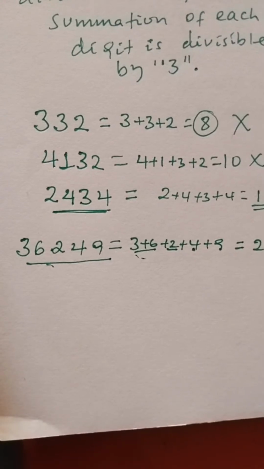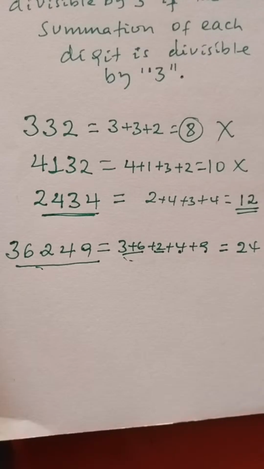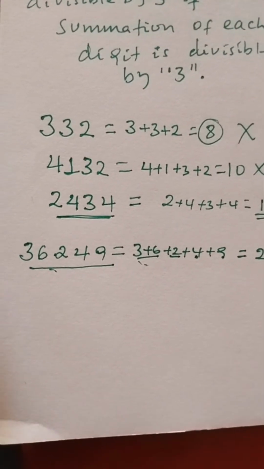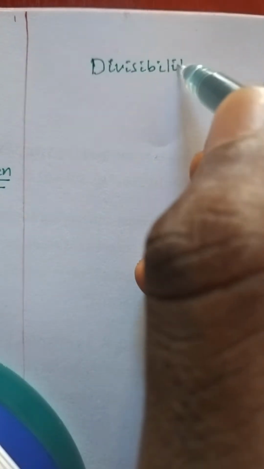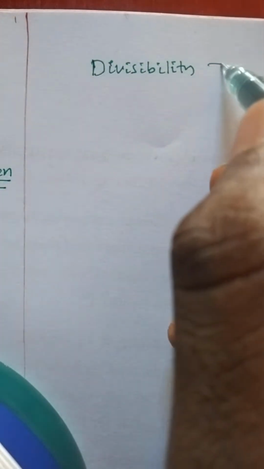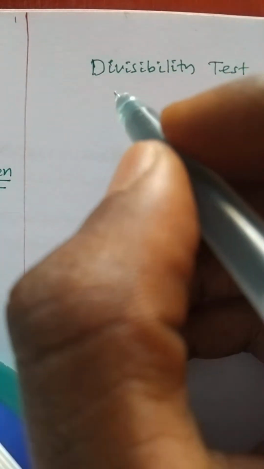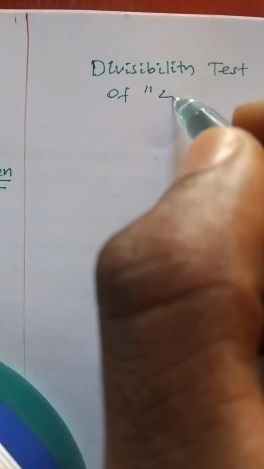Let's check how we check the divisibility test for 4.